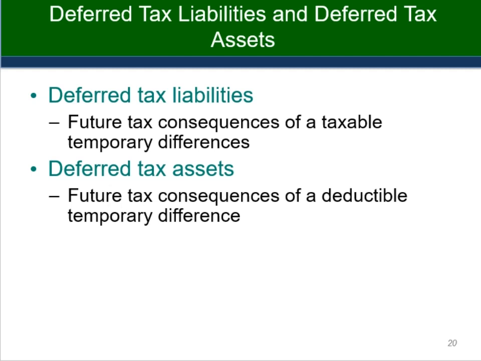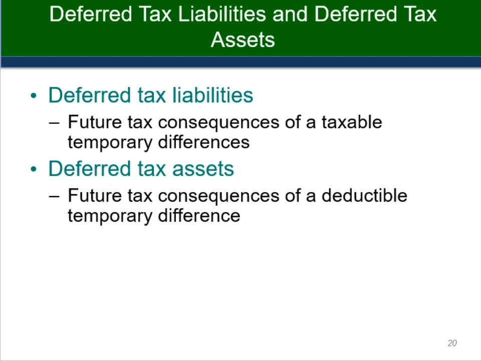So when it's judged as more likely than not, which is the term probable under IFRS, that some portion or all of the deferred tax asset will not be realized, then the portion expected to be realized should be given accounting recognition, and any portion that will not be realized should be removed and given proper treatment. So probable is defined as a level of likelihood at least slightly more than 50%.